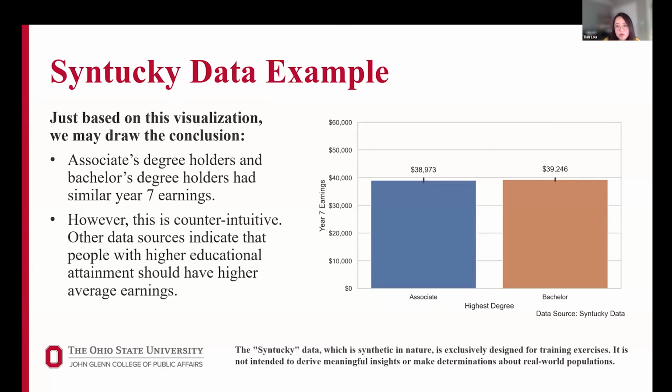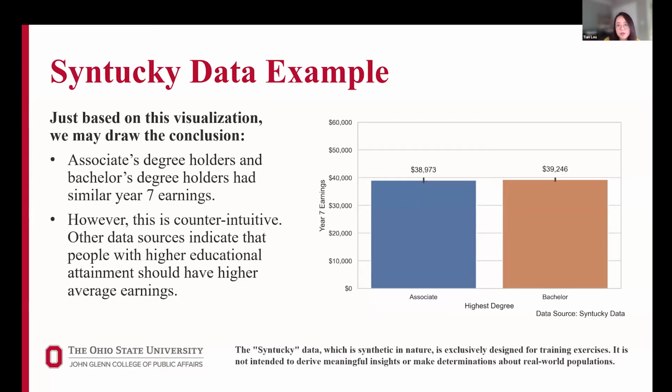However, this is counterintuitive, or at least different from the results that we can see from other data sources. So for example, if we look at the results from the National Center for Education Statistics, or the Bureau of Labor Statistics, we always see outcomes like people with higher educational attainment have higher average earnings.